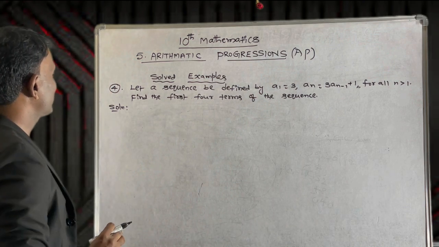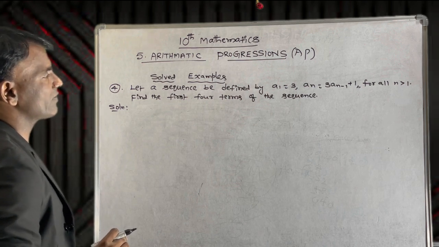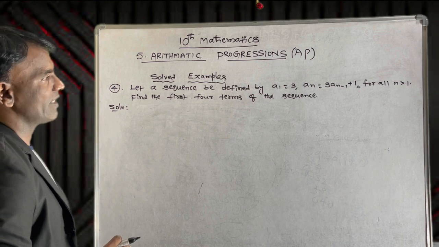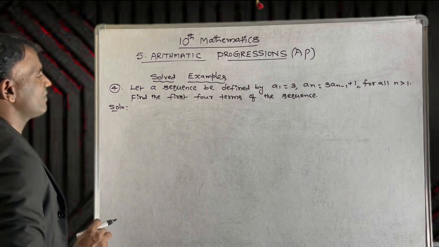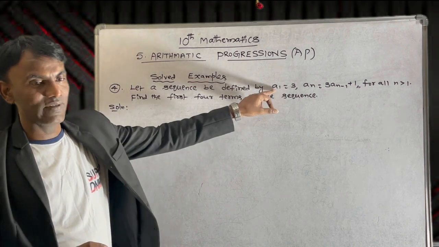Now see this question. Question number 4. Let a sequence be defined by a1 equal to 3, a_n equal to 3 into a_(n-1) plus 1 for all n greater than 1. Find the first 4 terms. So first four terms means a1 is already given.